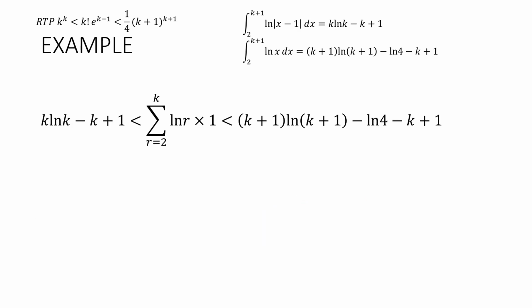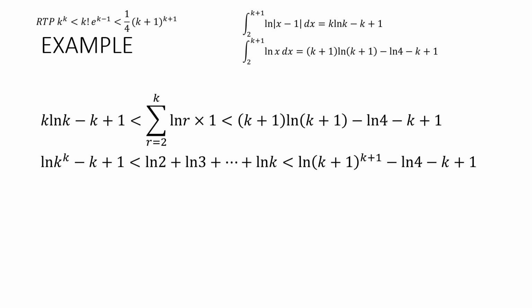Okay, so this is the area under the curve ln x minus 1. And this is the area under the curve ln x. And this is the sum of all of those rectangles, ln r times 1, from r equals 2 to k. Let's expand that out. So we've got ln 2 plus ln 3 plus dot dot dot plus ln k.